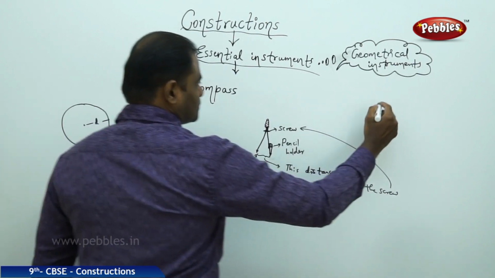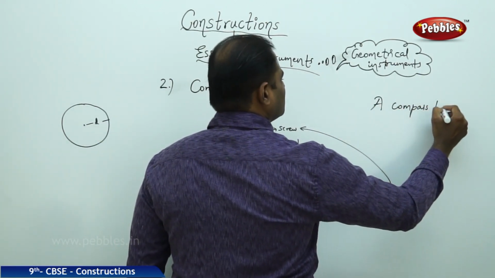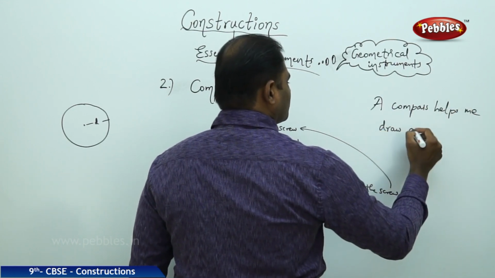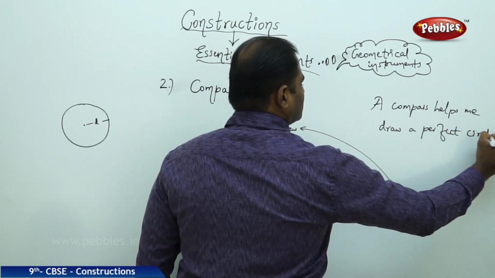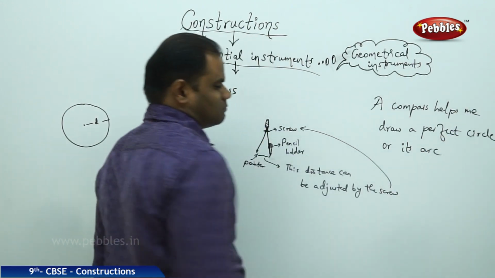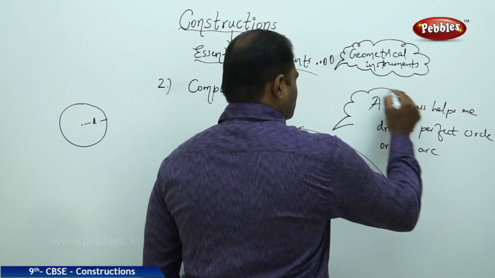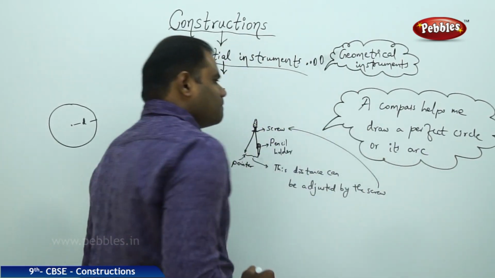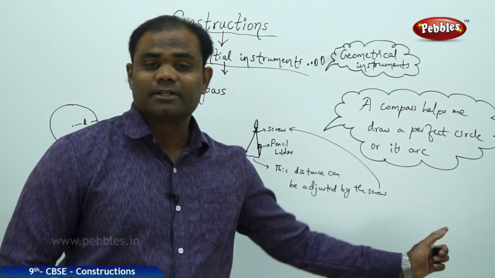So compass helps me draw a perfect circle or its arc. Any length of the arc is what I understand through the significance of compass. Compass helps me draw a perfect circle or its arc.